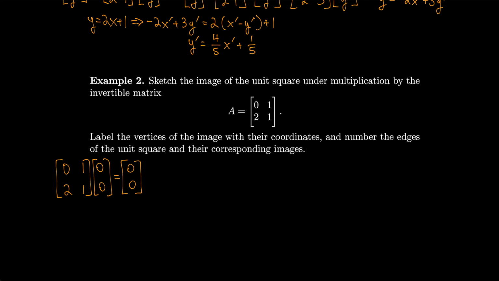Let's see if I can draw that. Maybe I'll need a little more space, maybe over here. So here's y, here will be x, and I'm going to make it a little shorter.